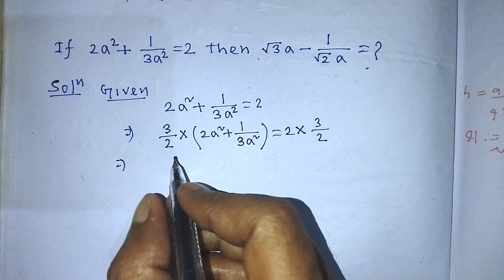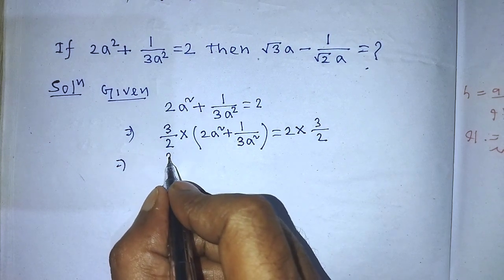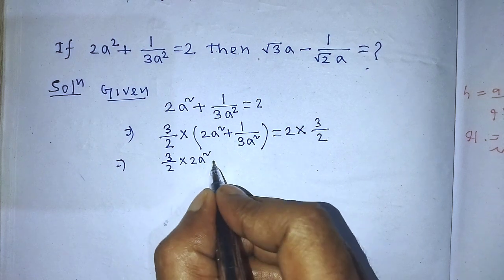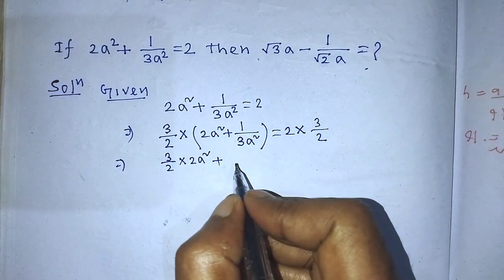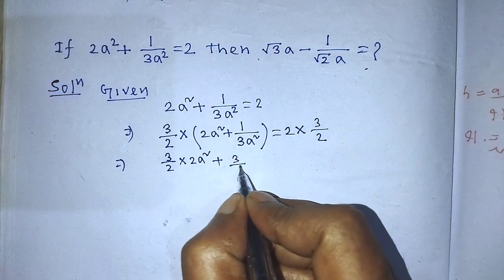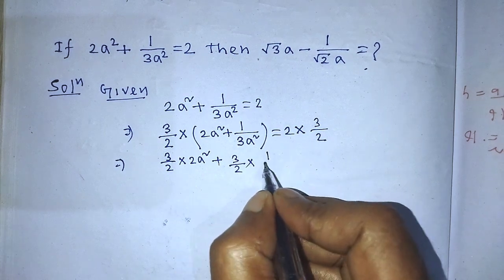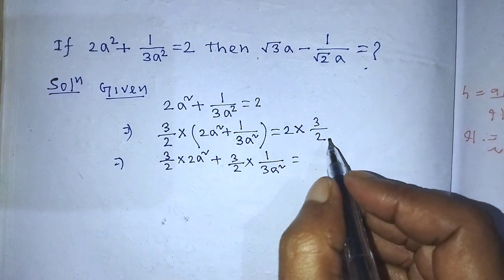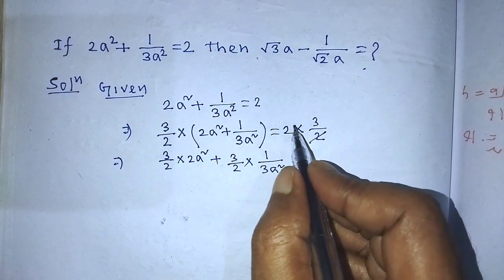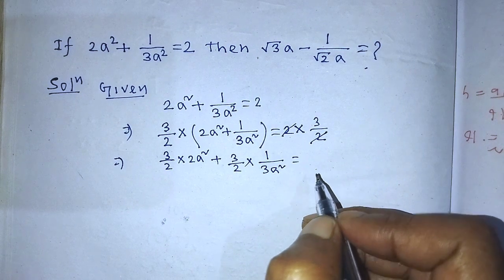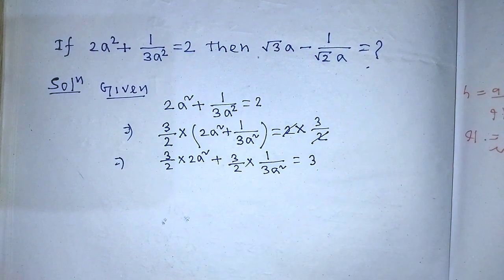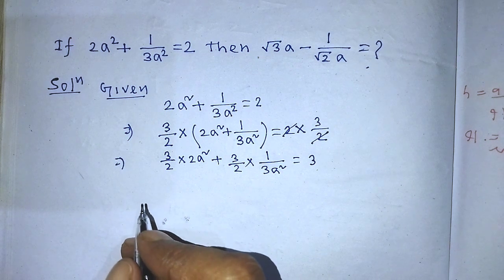On the left hand side we write 3/2 into 2a² plus, in the second term, 3/2 into 1/(3a²). On the right hand side we cancel 2 from numerator and denominator, so only 3 remains.